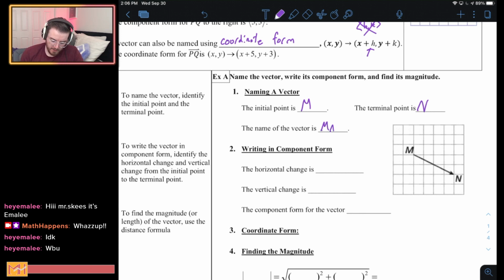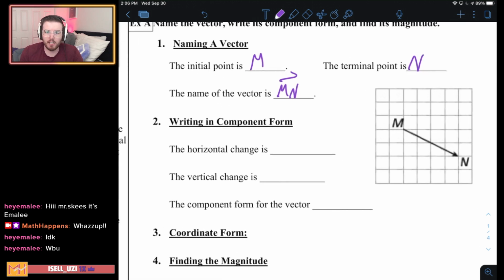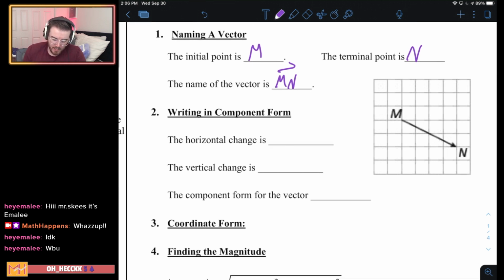And we could name this vector MN. I don't think I need to dwell on that, right? We name vectors the exact same way we name lines and rays, and we've seen that for a bit. So this is the start, and this is the end. Tell me what are the directions to get from M to N?